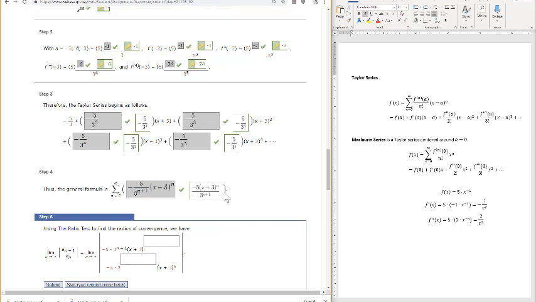Okay, now to find the radius of convergence, we're going to run it through the ratio test. Wherever we see an n, we're going to add 1. Let's see what we have here. We have a negative 5, 3 to the n plus 1, x. So this should be n plus 1.